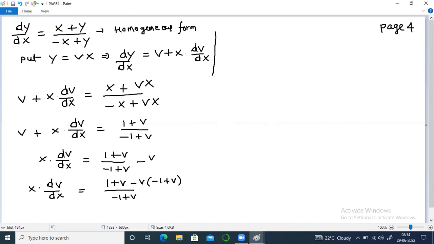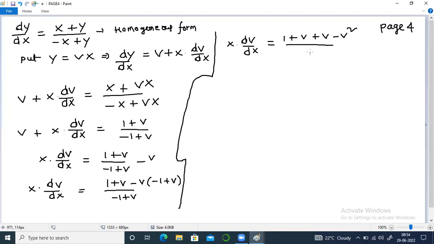So the equation becomes x into dv over dx is equal to 1 plus v plus v minus v squared over minus 1 plus v.